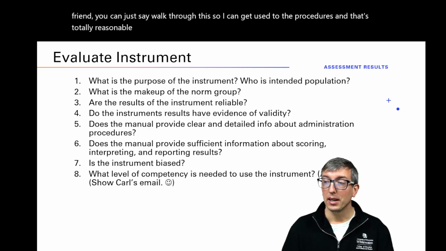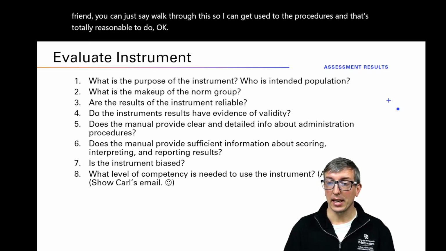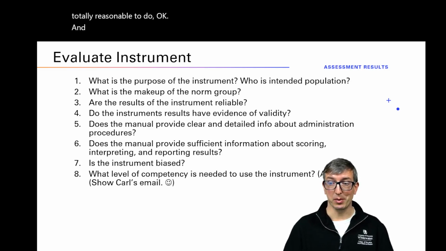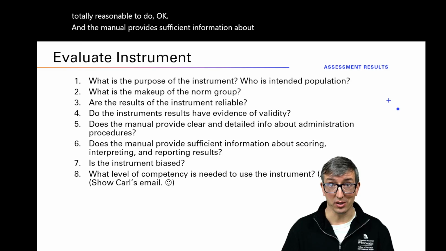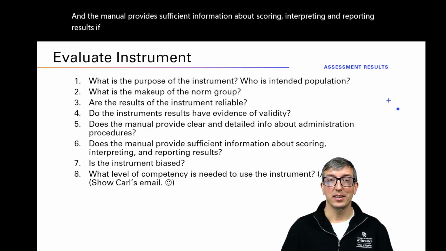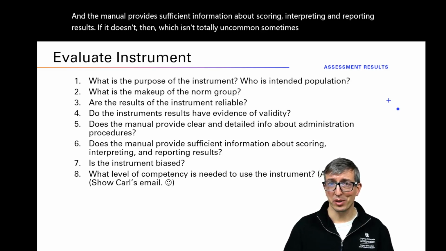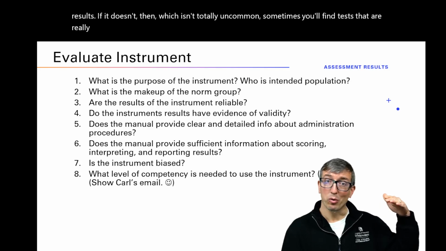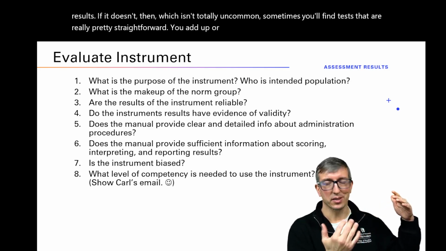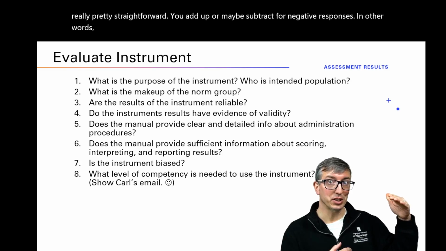And does the manual provide sufficient information about scoring, interpreting, and reporting results? If it doesn't, which isn't totally uncommon, sometimes you'll find tests that are really pretty straightforward. You add up or maybe subtract for negative responses. In other words, if someone says yes to this question, you add.